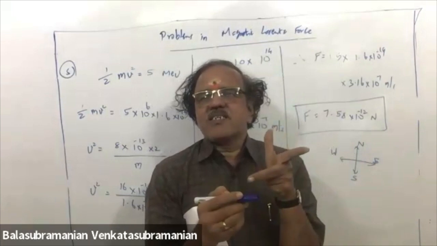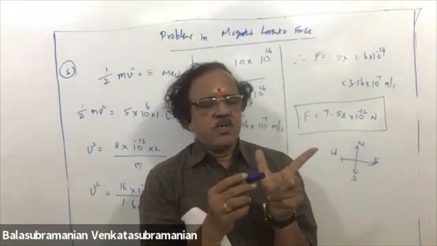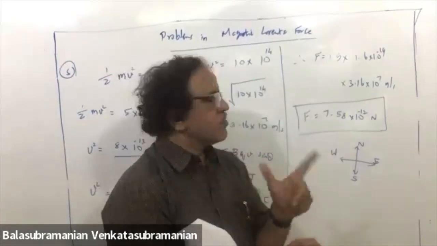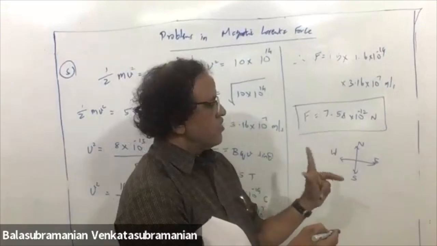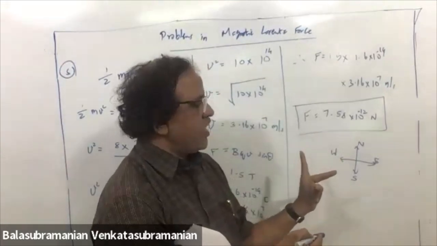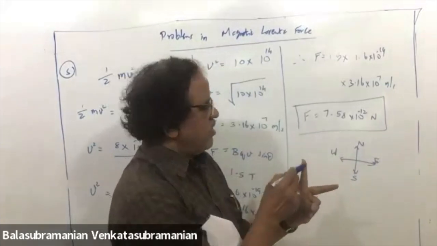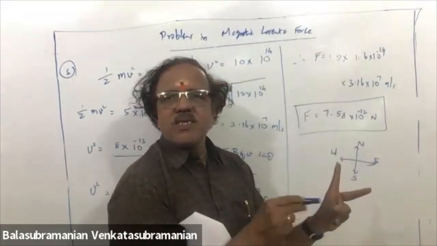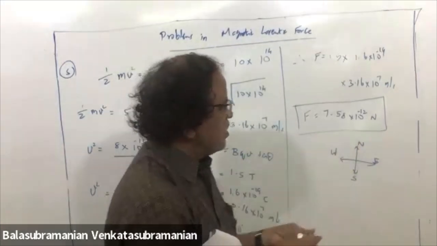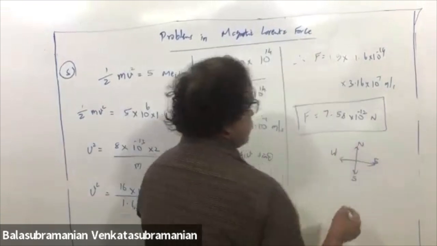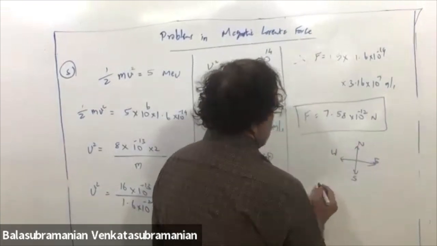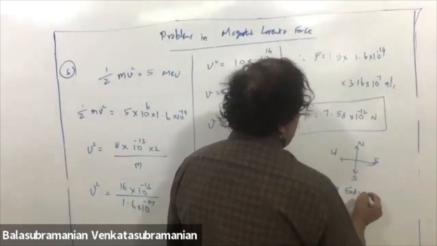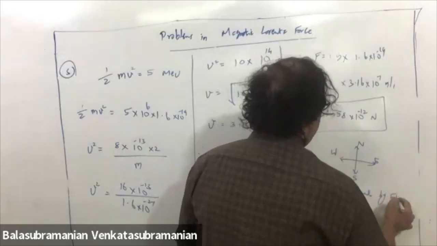According to Fleming's left-hand rule, four-finger direction of magnetic field. Then force will be inverse. Inverse means like this. Eastward. F along east, by Fleming's left-hand rule.